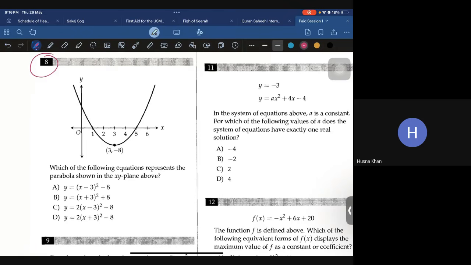Husna, I'll just explain it. Just once I'm done with this, I'll go back to that. Just give me a minute.